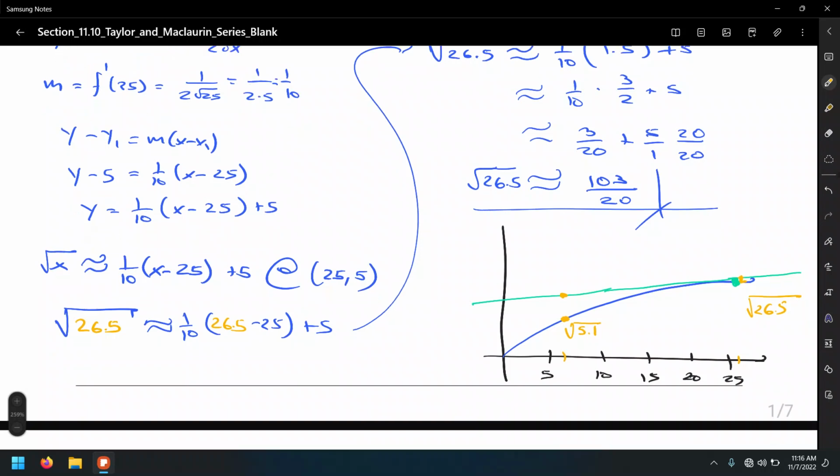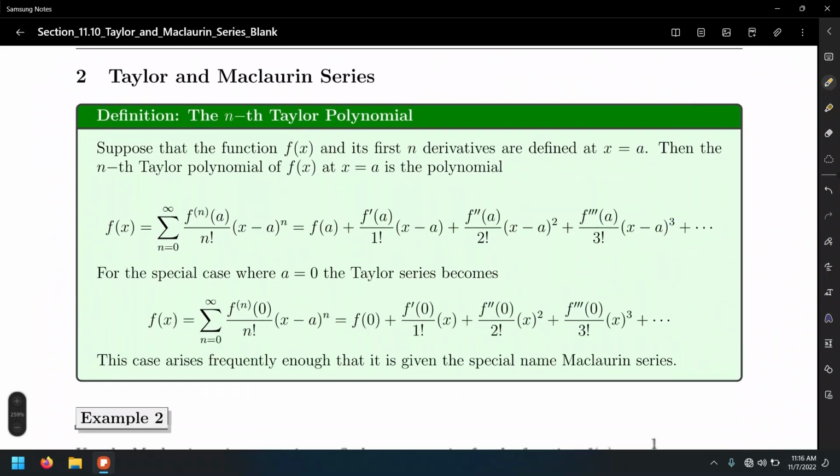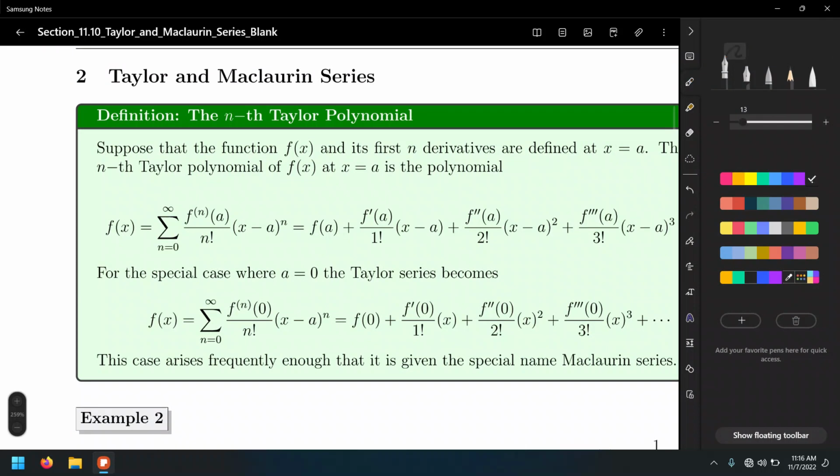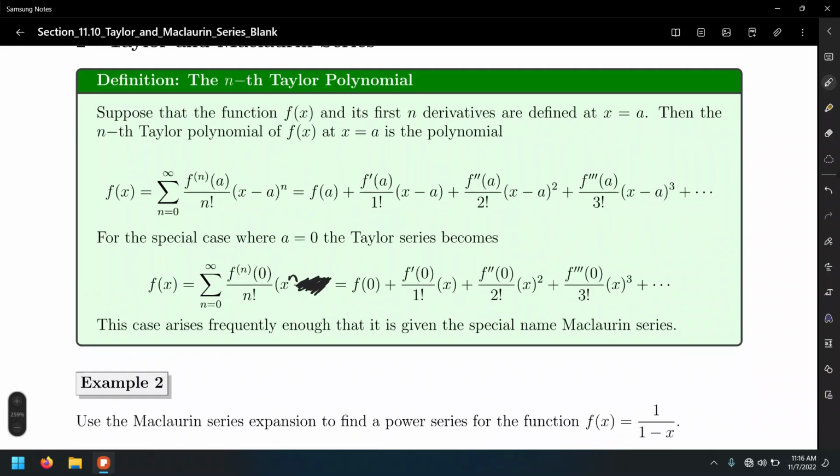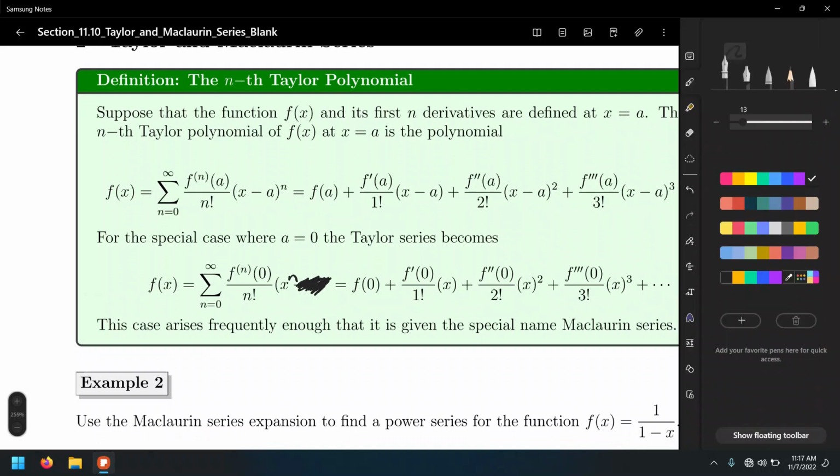So, in the meantime, let's define what a Maclaurin series is. But by the way, I have a little typo here, and that's simply x to the n. So this is a series that we sort of looked at already.